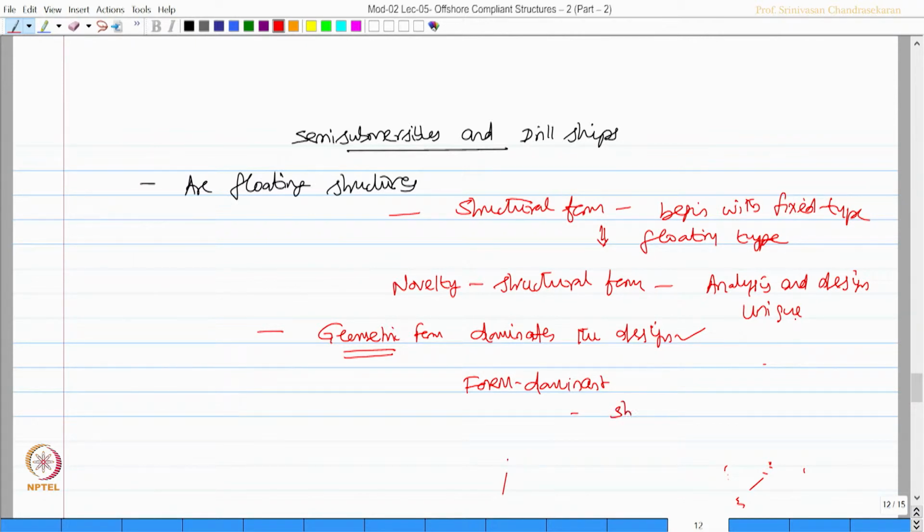Essentially they may not be strength governed, but I am not saying strength is not important, it is essentially not a strength governed design. The moment you have compliant structures or floating structures, you will see that the displacements are much larger, which enables them to counteract the forces acting on them, which is the concept in the design of these kinds of platforms.